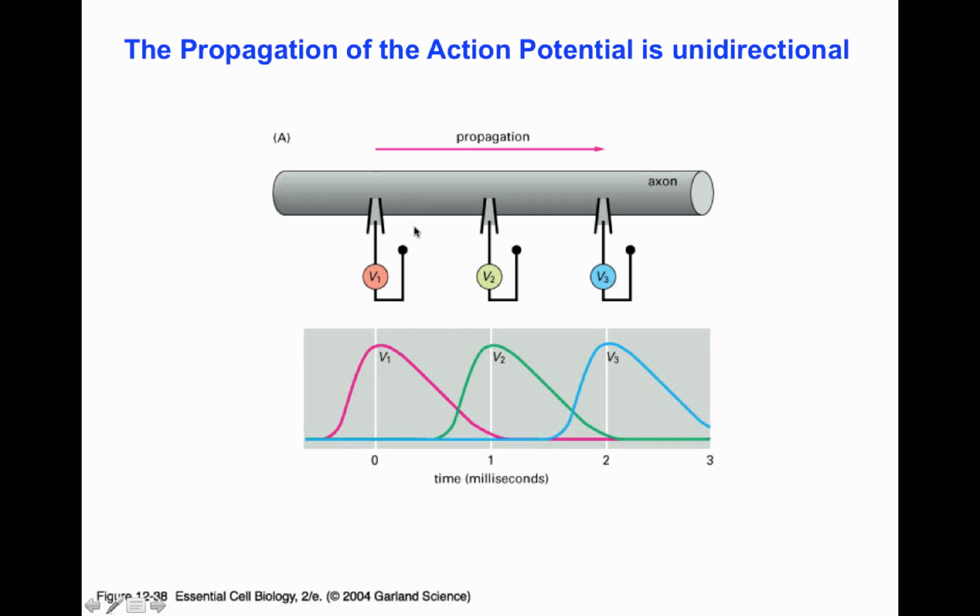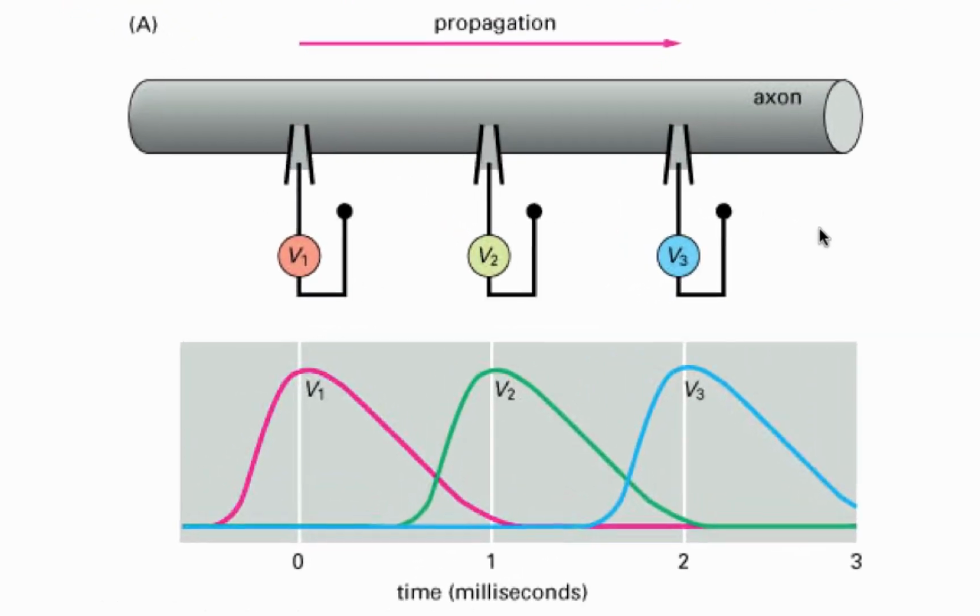This could also have been shown when you install different potentiometers along the length of the axon. So in this experiment, the scientists put 3 different voltage meters, one at the place that they call 0, one at a place farther down the axon, and a third one at a different position farther down the axon.